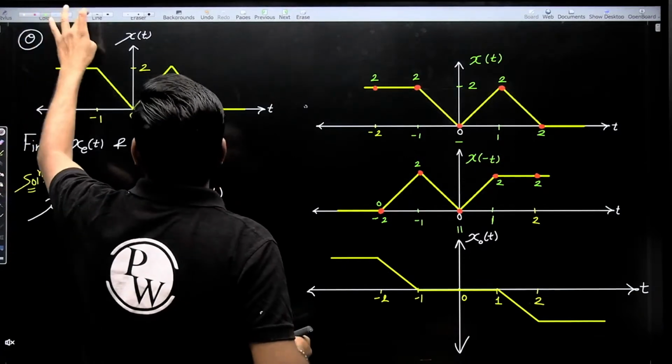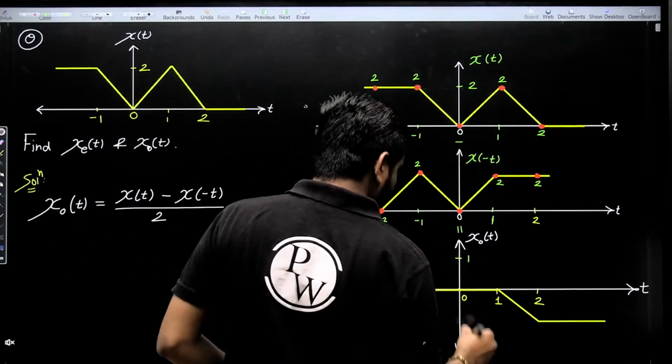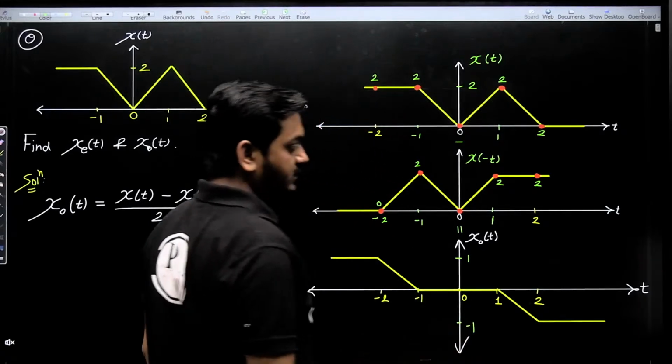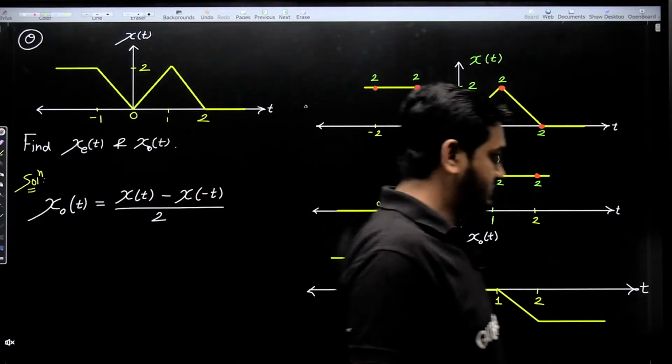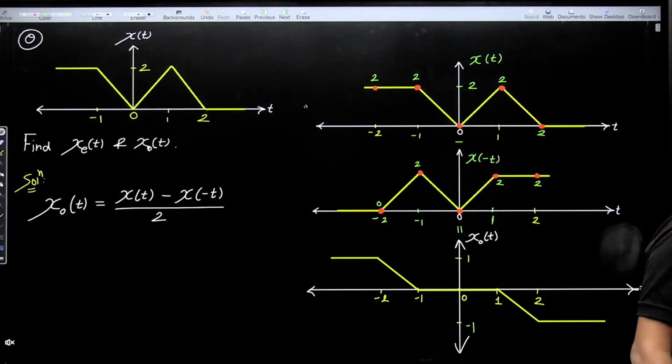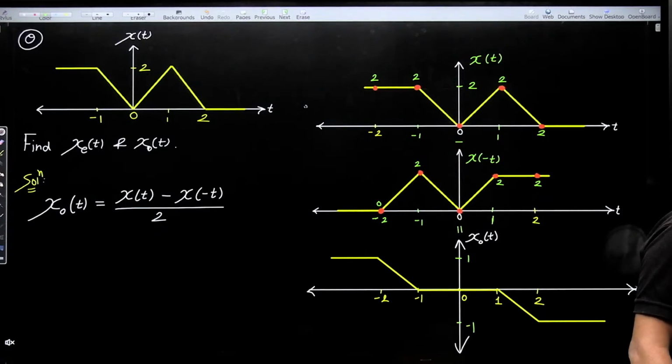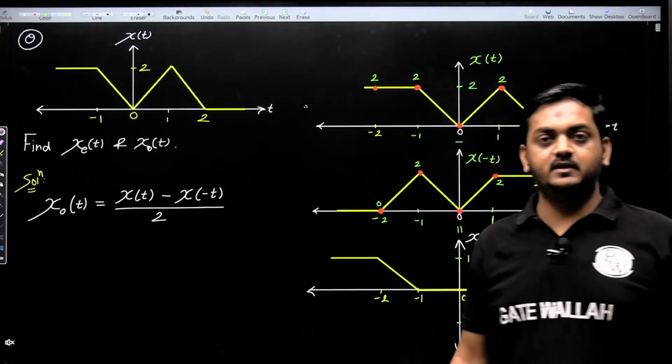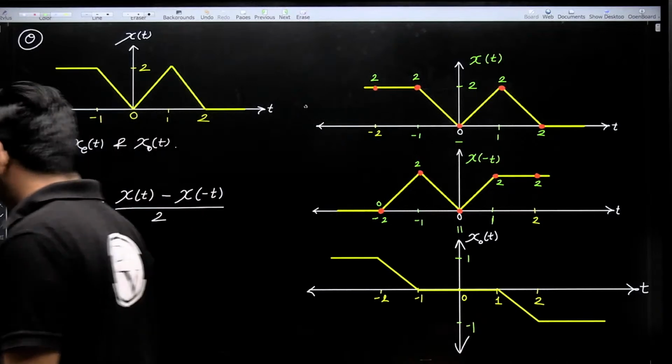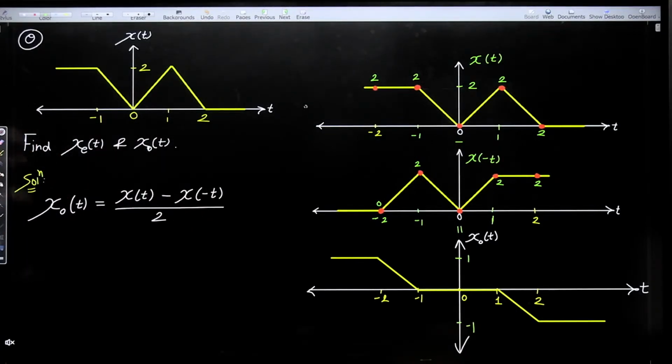Remember this thing, amplitude divided by 2. So it is 1, this is -1. Done. In this way we can calculate odd and even. Is it clear to everyone? I hope all of you are getting. So this is all about the continuous time signal.